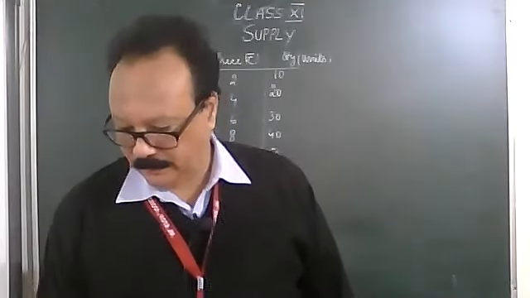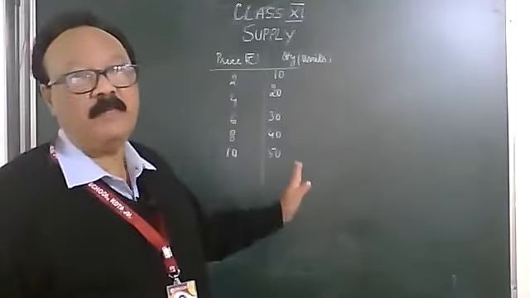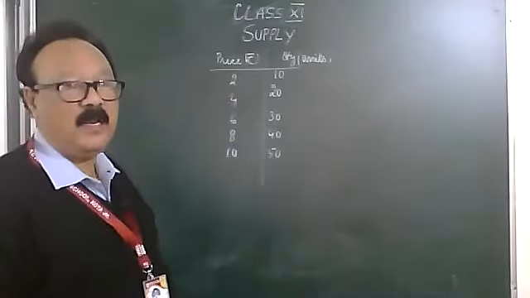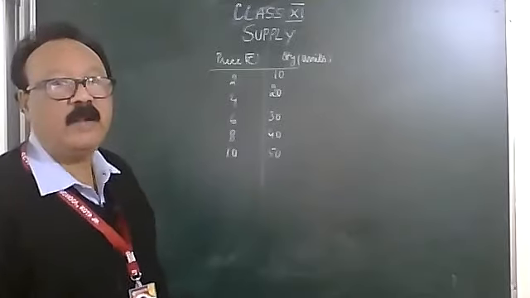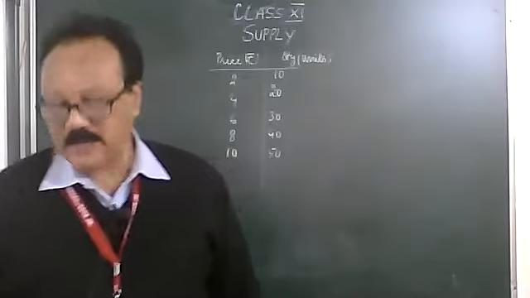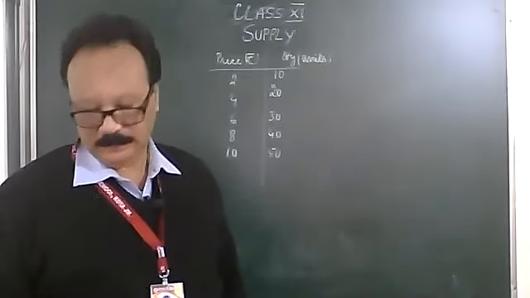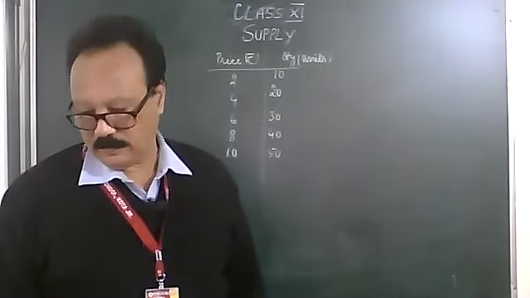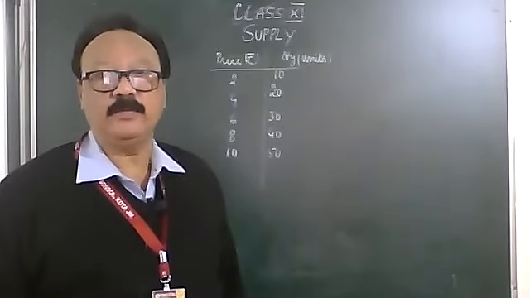When we put this in a graphical or diagrammatic representation, it becomes a supply curve. So write down a definition for supply curve. Supply curve is a graphical representation of the supply schedule.